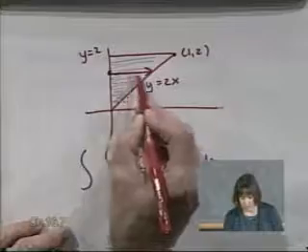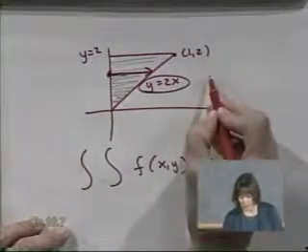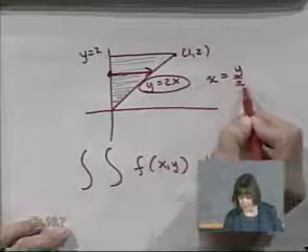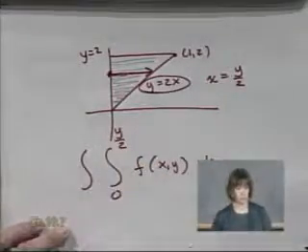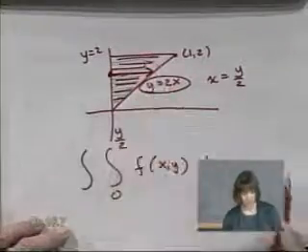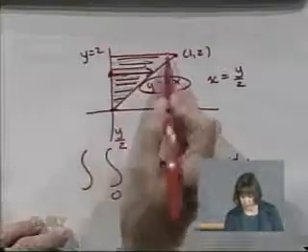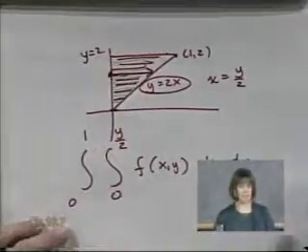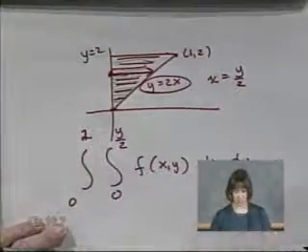And here x is ranging from 0, and since this is y equals 2x, I'd have to solve for x. So x is ranging from 0 to y over 2. And then if I summed all those up, what is y ranging from? Your y is ranging from your lower bound 0 to your upper bound of 2, because it says y ranges from 0 to 2.